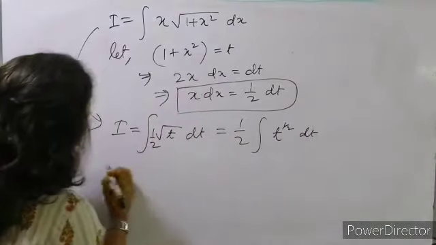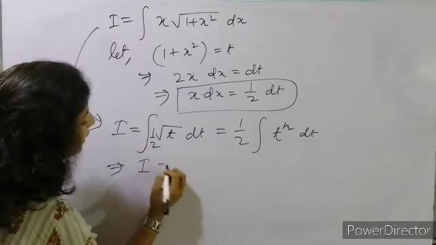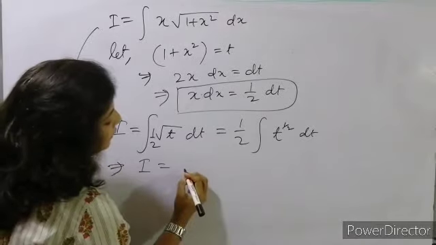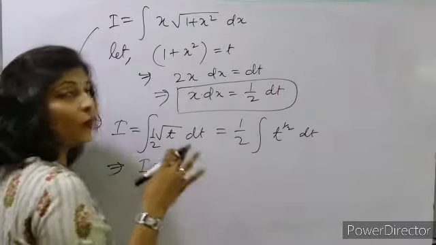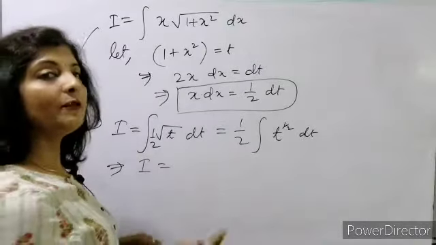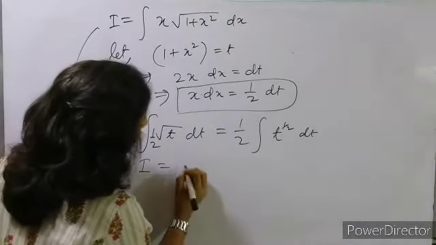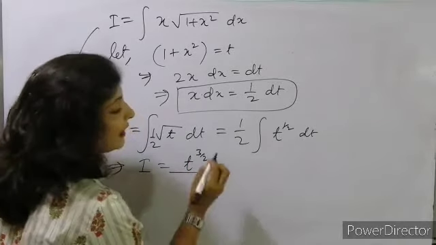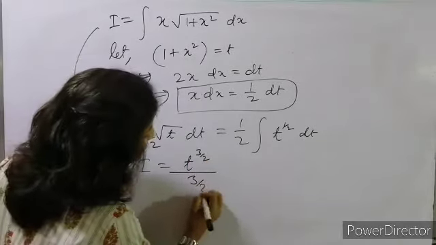So by integrating this function with respect to t, what value will we get? We'll get t to the power 1 upon 2. We'll add one to the power, so it will be 3 upon 2. Okay. So t to the power 3 upon 2 divided by 3 upon 2.